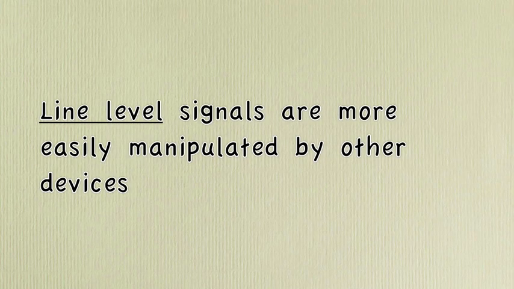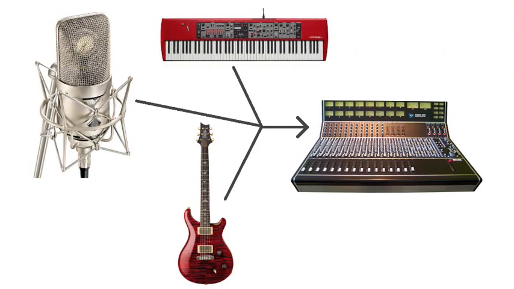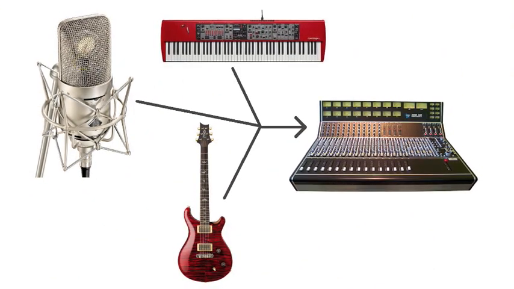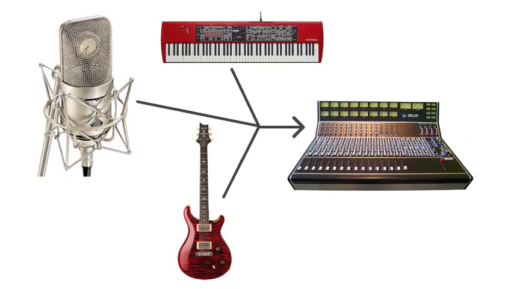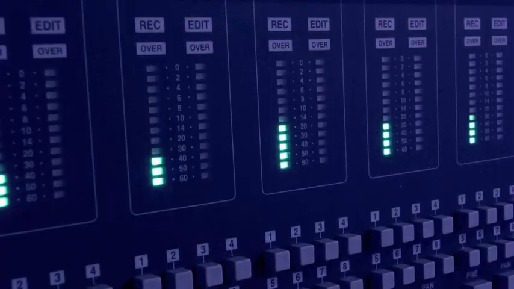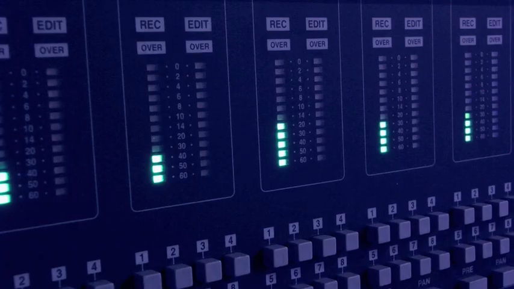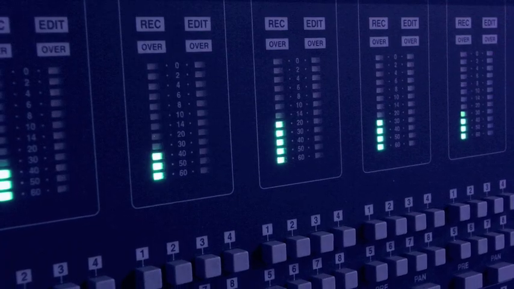Signals must be amplified to line level, where they are more easily manipulated by other devices. This also helps signals arriving from different sources to provide a more ideal loudness, making the engineer's work easier.